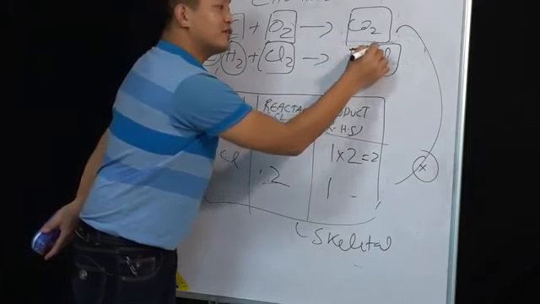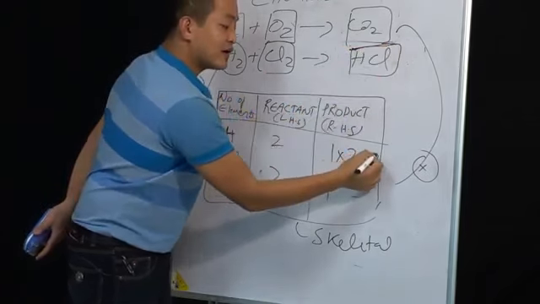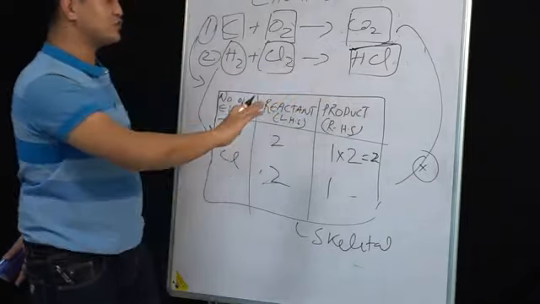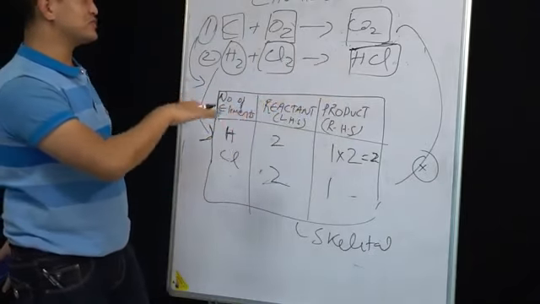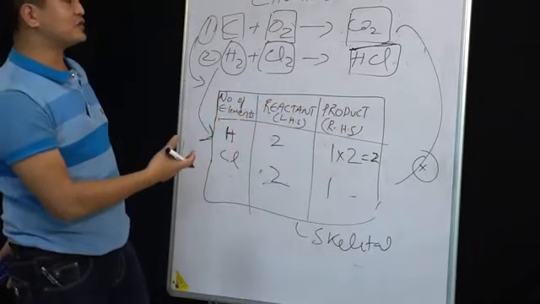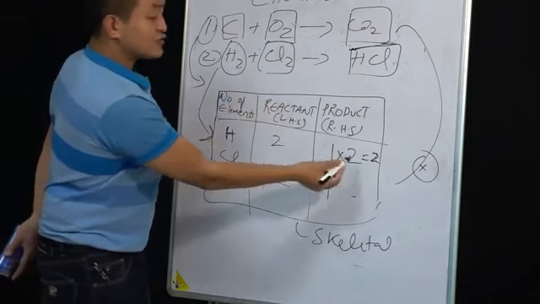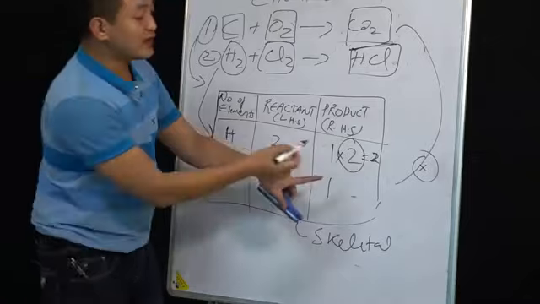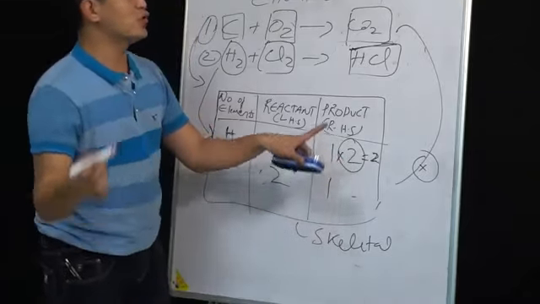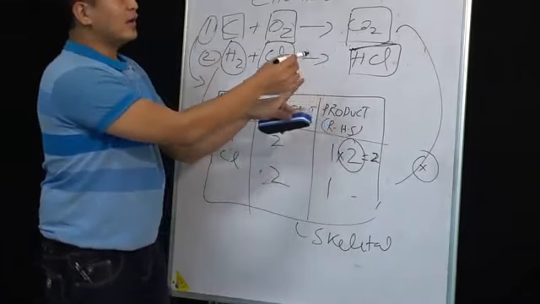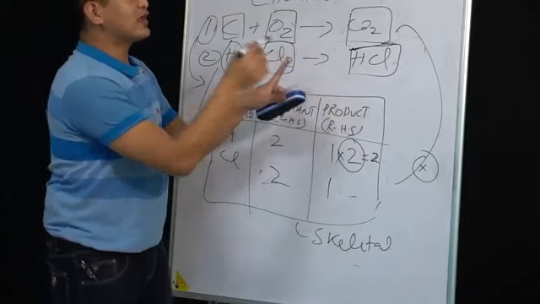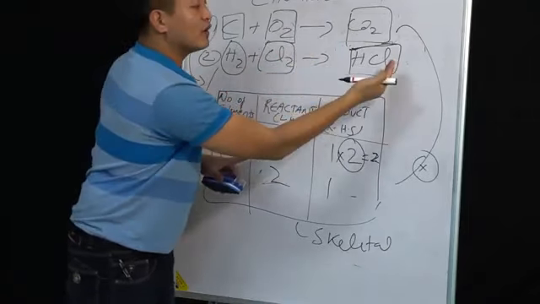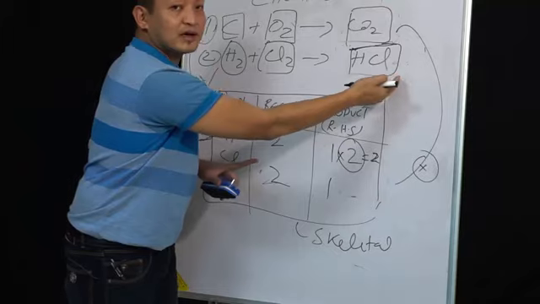Now the one very important thing, okay, here I have gone and I have made hydrogen 2 to make it balance. Because by any means we have to balance the equation. So I have added an extra 2 here. So whatever number we are putting here, we'll go and insert here. But here you have to remember that we cannot put it before, or we cannot put it after the formula.